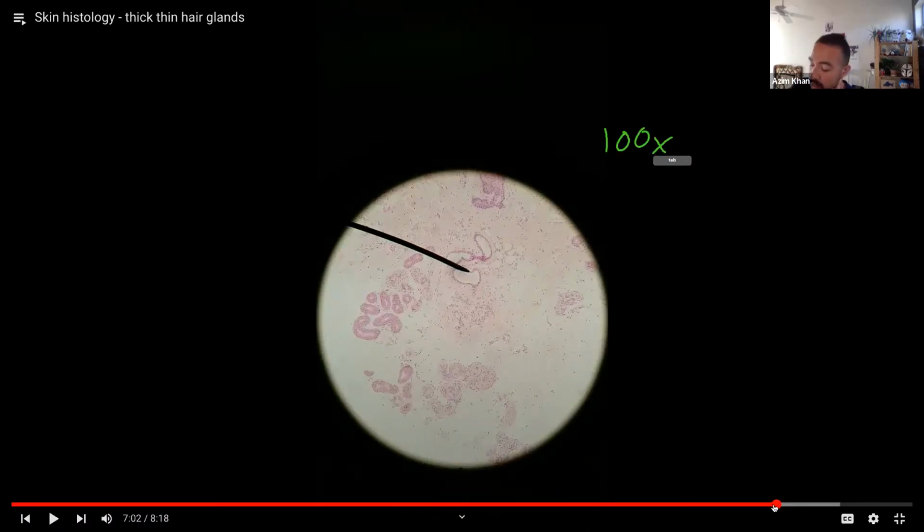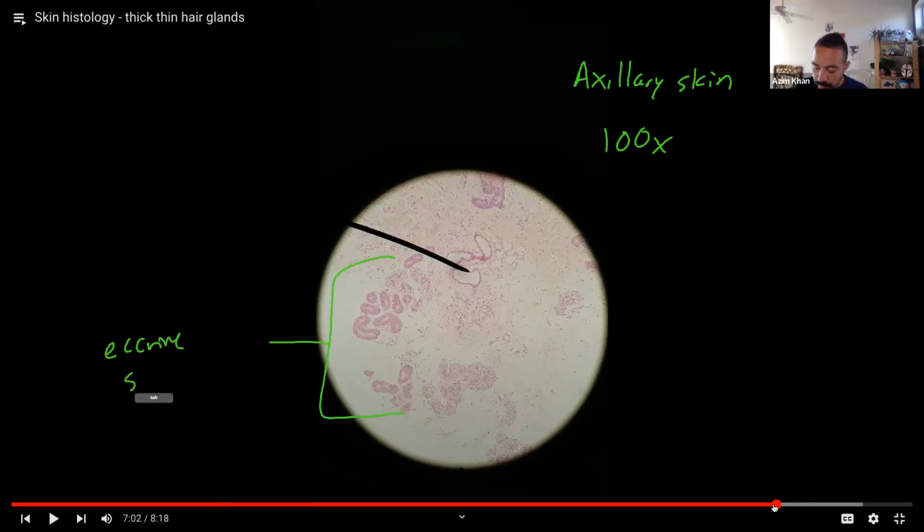We are in axillary skin. So this is in the armpit. Axillary skin, and we're looking deeper from the surface. All of these glands, these are apocrine pseudoriferous.